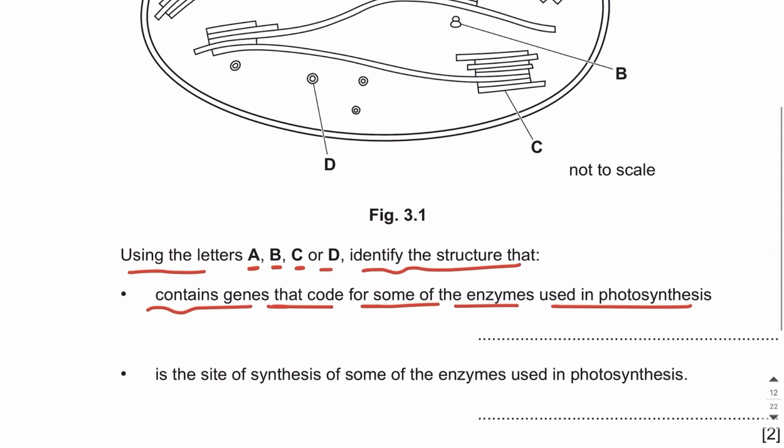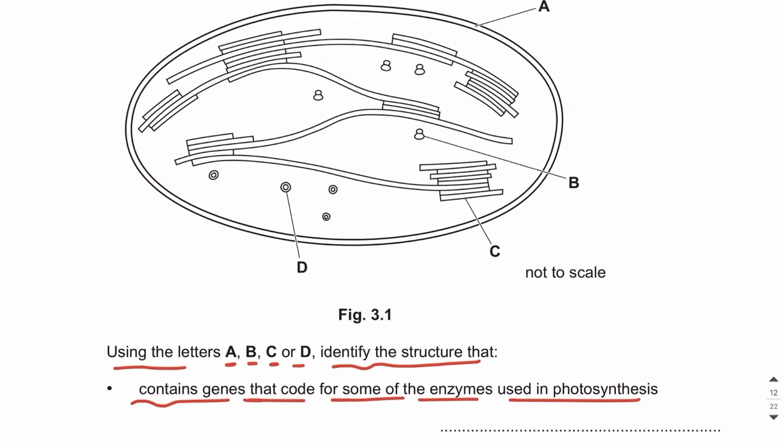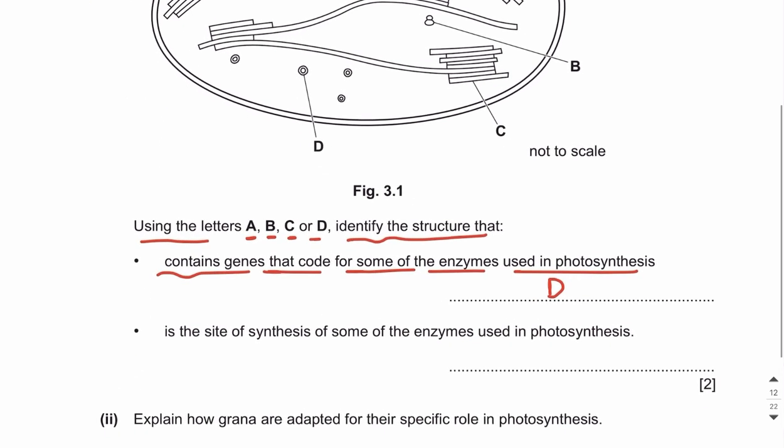So guys, which structure of the chloroplast contains genes? It's the circular DNA, and these are the circular DNA molecules that we can see in the chloroplast. So guys, D is the answer for the first statement, because D contains the genes that code for some enzymes used in photosynthesis.